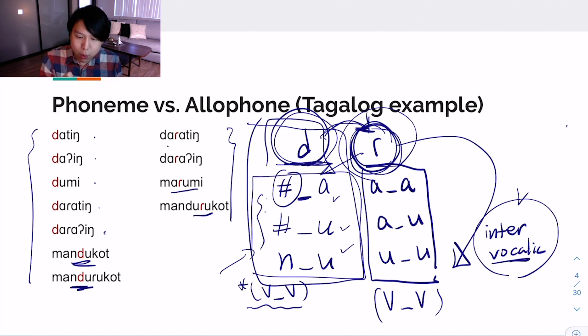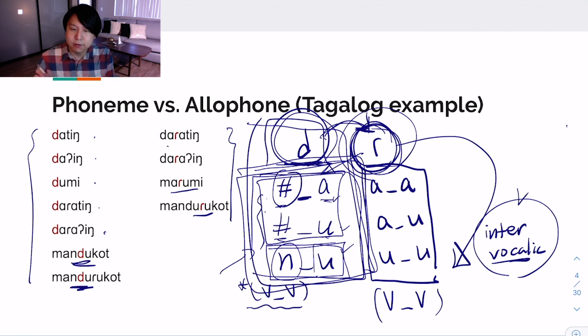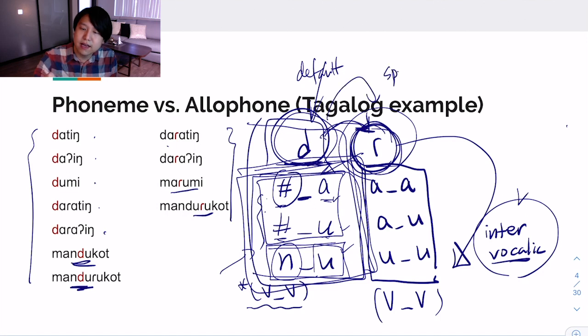For example, one is word initial position in front of a vowel, and the other is after certain consonants such as N and before a vowel U. So there is no single rule that encompasses these three environments. So it's easier to set the D sound as a default and R as a special case.